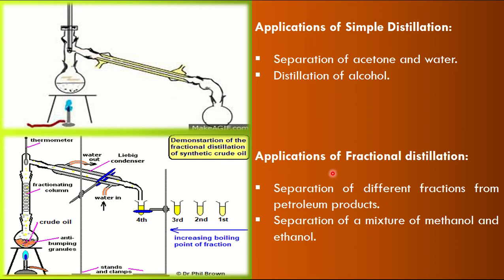Applications of fractional distillation: it is used for the separation of different fractions from petroleum products, and also to separate a mixture of methanol and ethanol. The boiling point of methanol is 64.7 degrees centigrade, whereas for ethanol it is 78.4 degrees centigrade, that is, they have more or less similar boiling points.